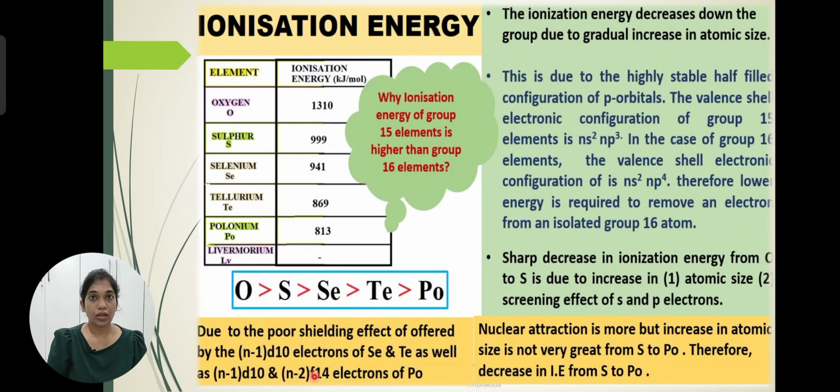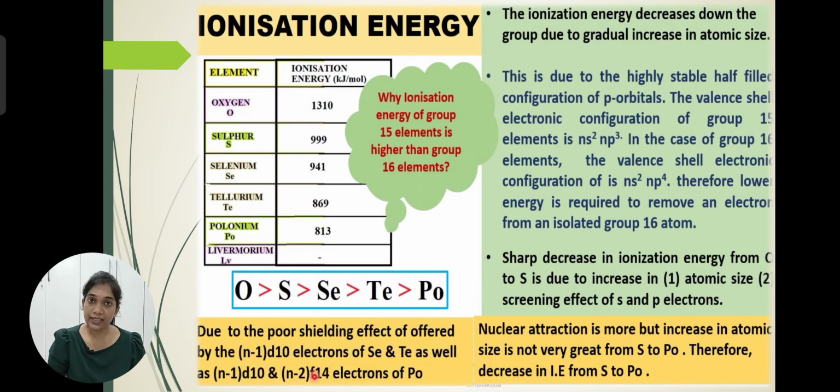Next point is ionization energy. Ionization energy is the energy required to remove the outermost or valence electron. As I told you before, atomic size is increasing as we move down the group, and atomic size is inversely proportional to ionization energy.